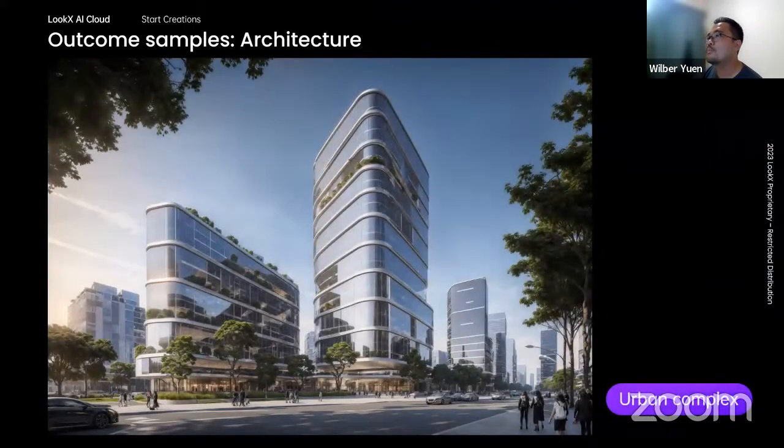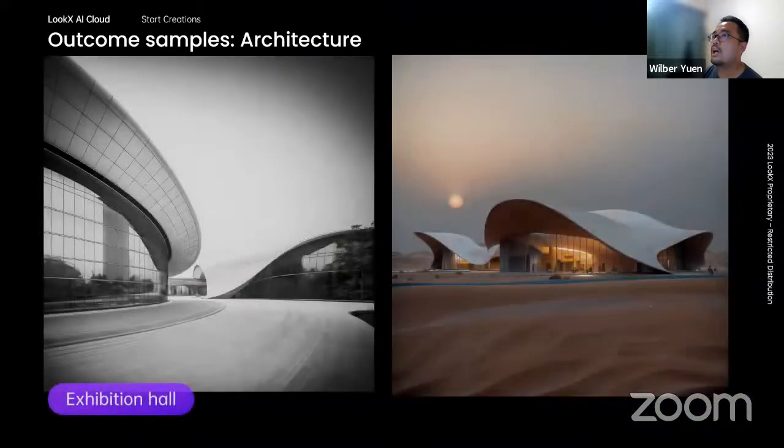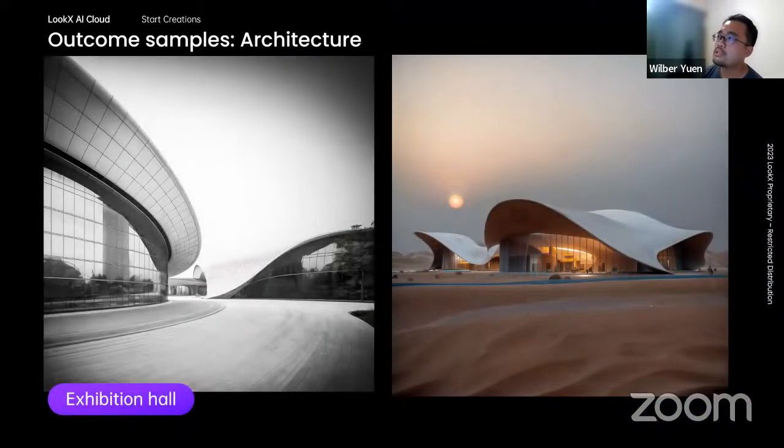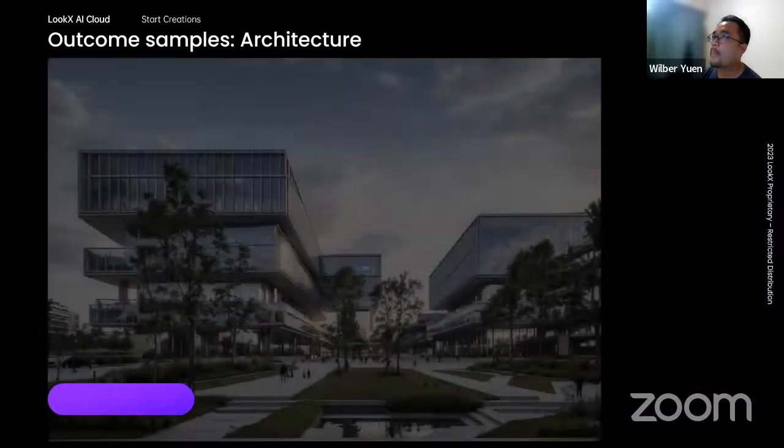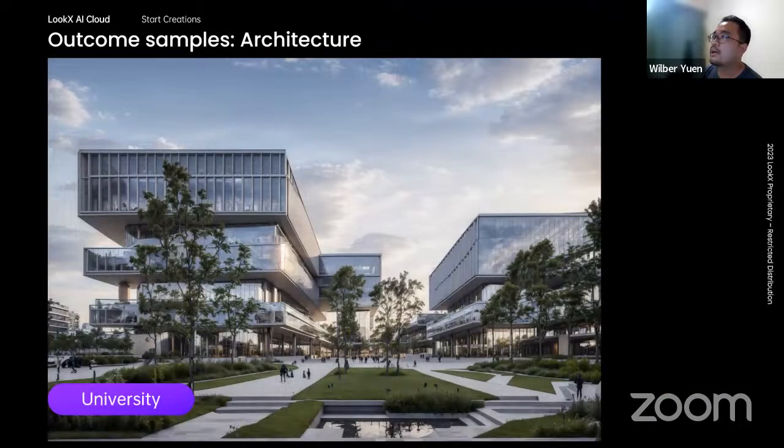And for urban complex, and also for cultural buildings with non-linear shapes, such as curves or irregular shapes, it can perform very well. And you can understand the spatial concept very well, like this university rendering.